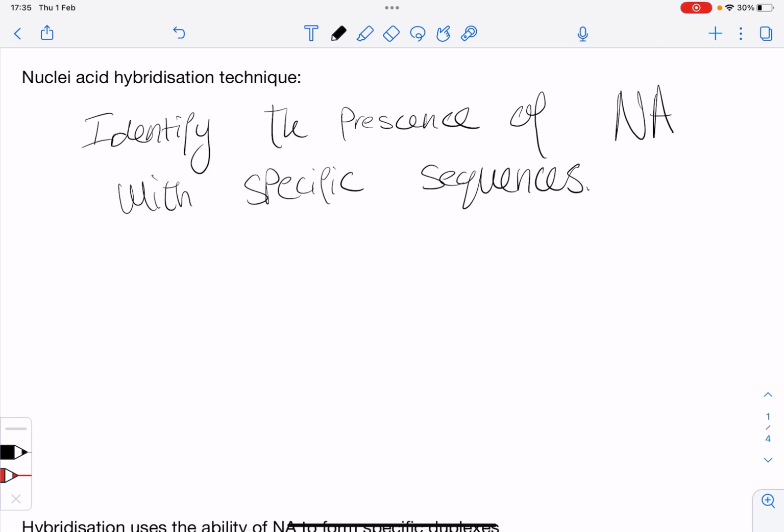This method selectively captures these specific sequences, enabling us to not only detect their presence, but to also quantify the abundance in a complex mixture.